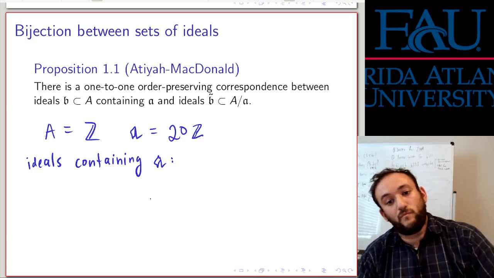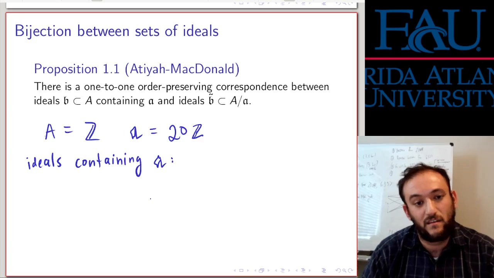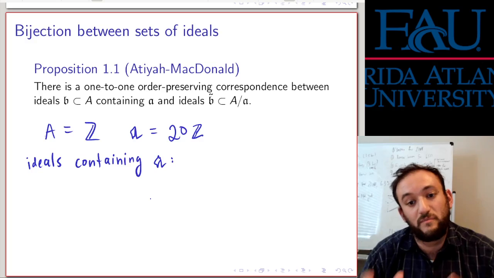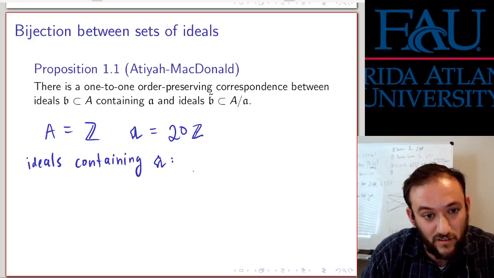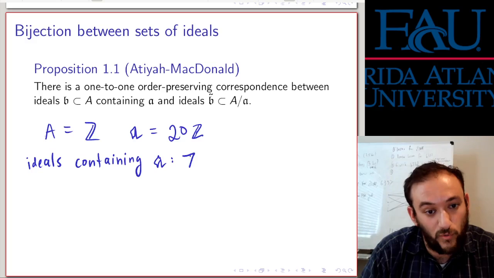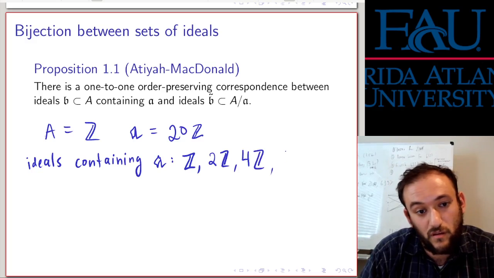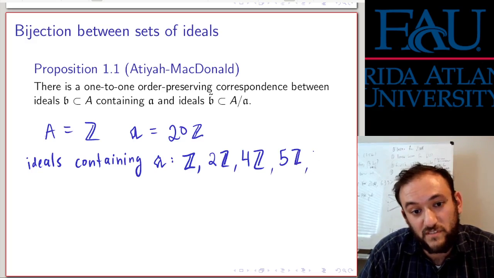So when we think of sets that contain the multiples of 20, it's going to be determined by factors of 20. So we have the whole ring, we have even numbers, multiples of 4, multiples of 5, and multiples of 10.